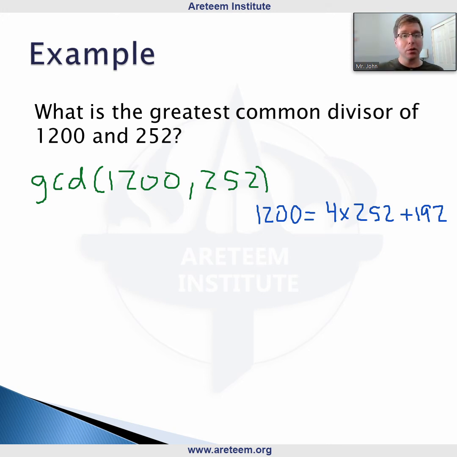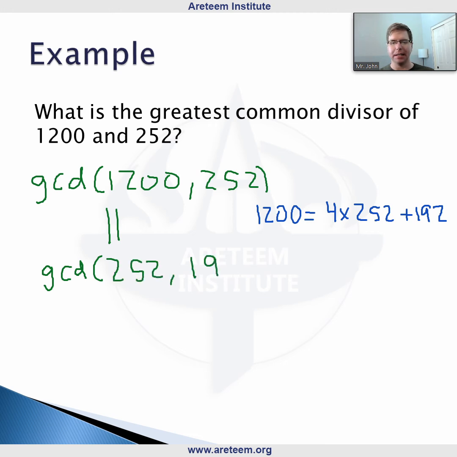So, right, you look at the quotient, it goes in 4 times, and now we can deal with the smaller number, 252, and the remainder. So this GCD here is equal to the GCD of the number 252 and 192. So now we have the smaller numbers to deal with here.